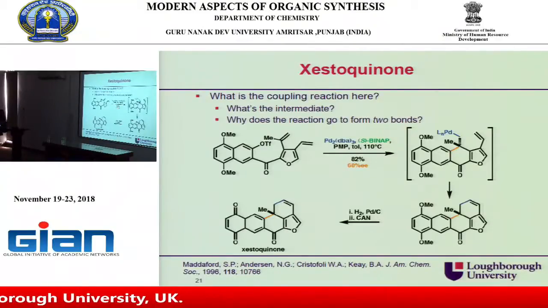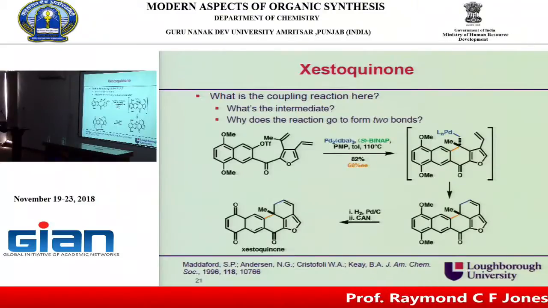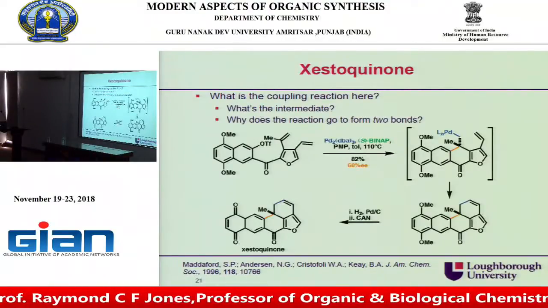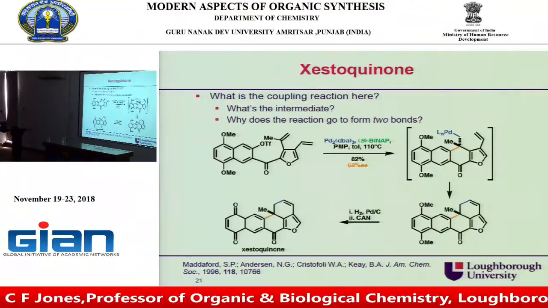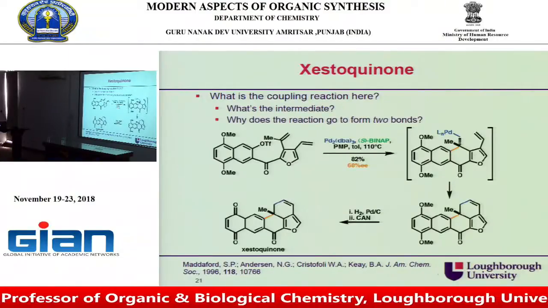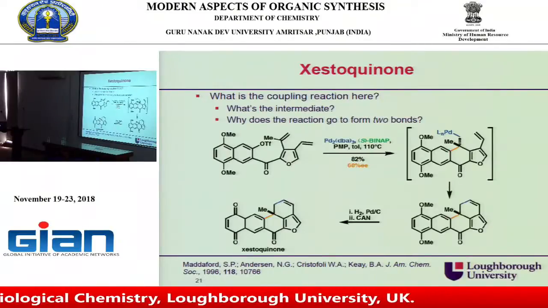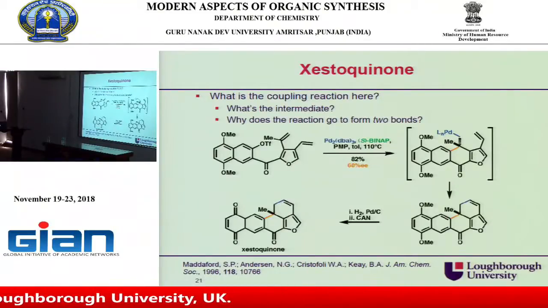So you see how this has been set up? In the second step, from that intermediate, it's doing another Heck reaction. So you form one organopalladium, it adds to the first alkene, but rather than eliminating and finishing a Heck reaction, it finds another double bond, so it does another Heck reaction.